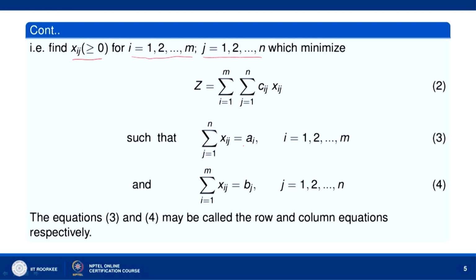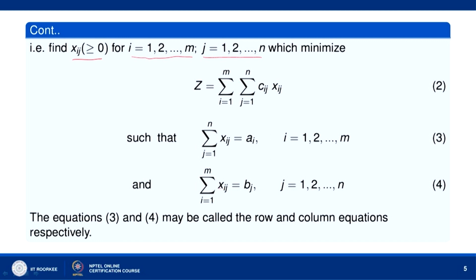And sigma i equal to 1 to m, x_ij equal to B_j. At the jth destination we require B_j units of the product, and those B_j units are being made available by the m sources. So, sigma of x_ij, i equal to 1 to m.